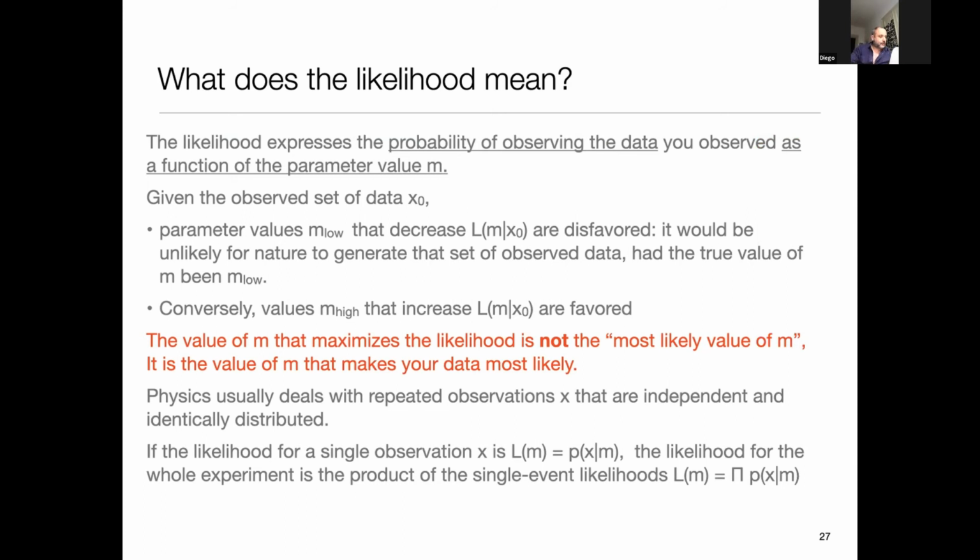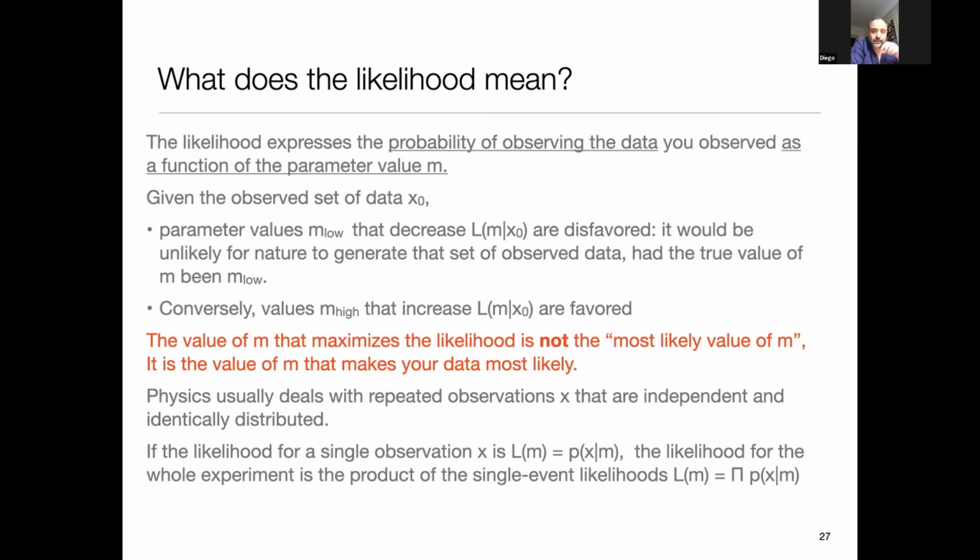Okay. So what does the likelihood mean? The likelihood expresses the probability of observing the data you observed as a function of the parameter M. So if you have done your measurement, that means you have a set of data x0, there will be some possible values of the physics parameter M you're interested in that, if plugged into the likelihood, will give you a small number.